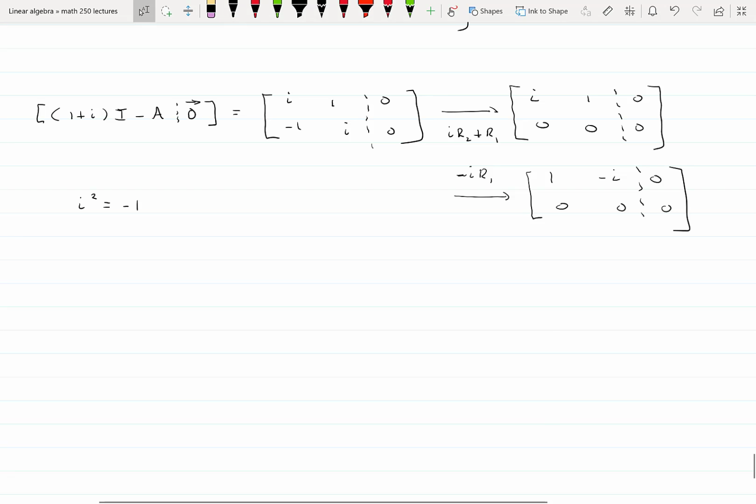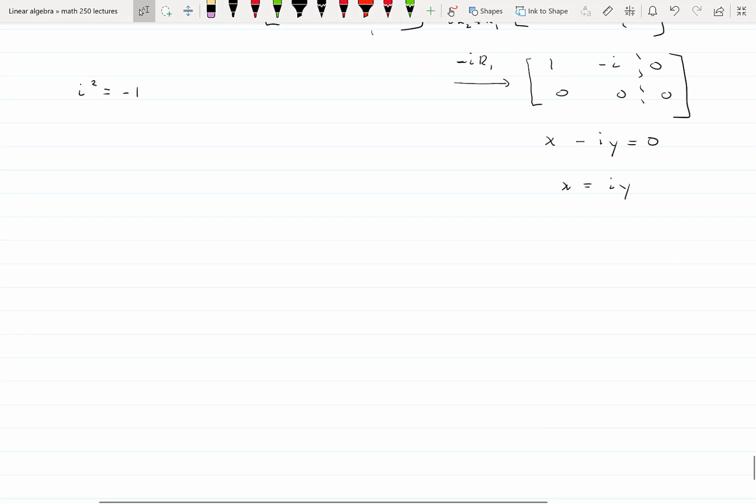So our solution looks like x minus i y equals 0, where the free variable is y. This says that x equals i times y. Remember, we're looking for eigenvectors, the solutions x, y, and they have complex entries.